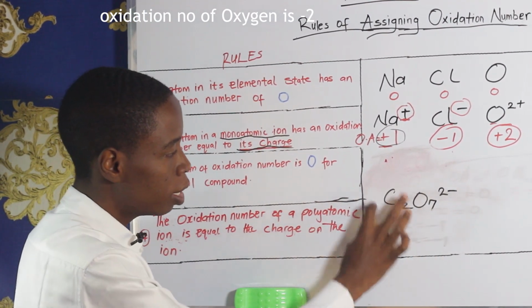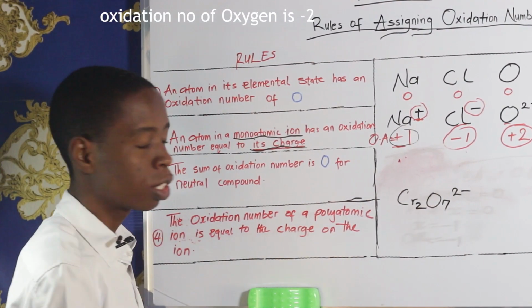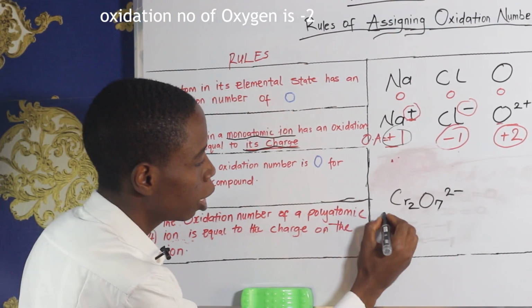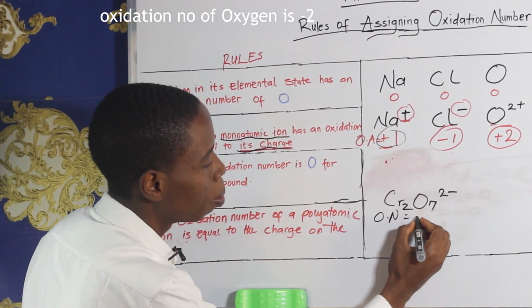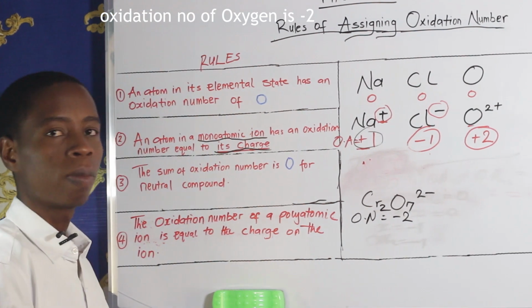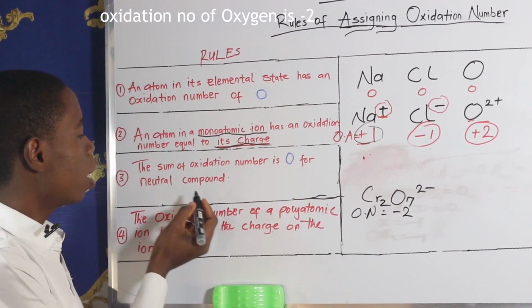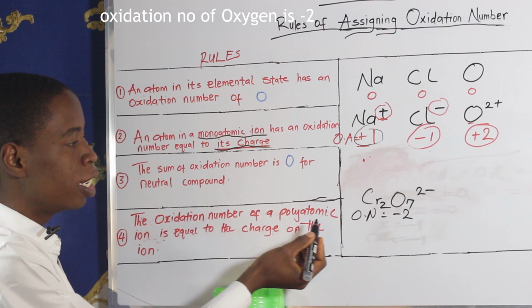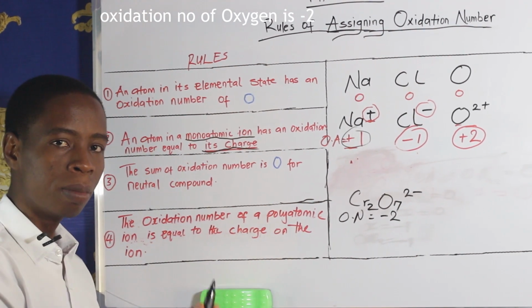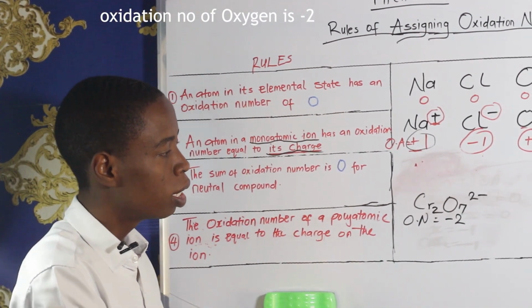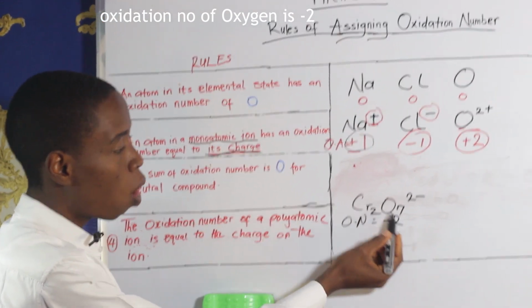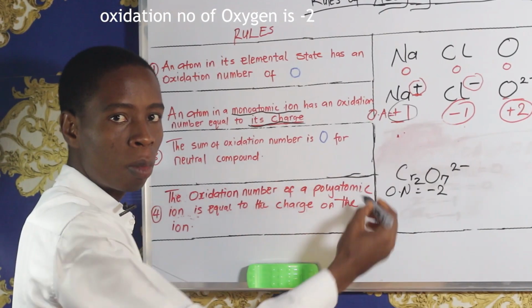That means this dichromate ion has a total oxidation number equal to minus 2. And just like we've seen in the third rule, this is also important in determining the oxidation number of one of the atoms in this ion.